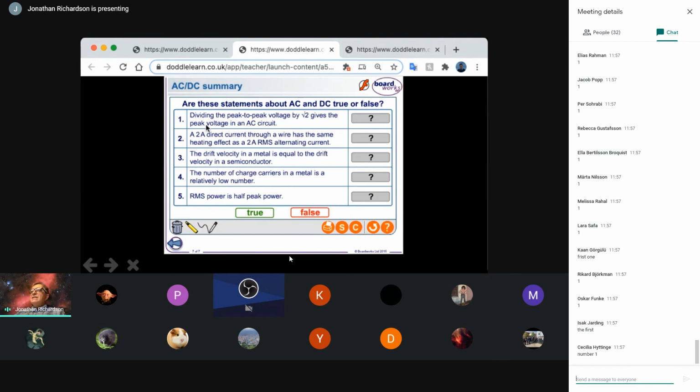chat, please. The drift velocity, if you remember when I showed you the induction, the electrons are free to move up and down inside a conductor. And in some instances, you'll find that that is the case. In some instances, it isn't the case.